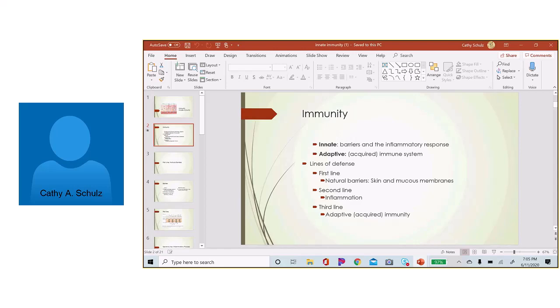The third line of defense is the acquired immune system, and that is our more strategic, more sensitive response to a particular foreign invader, particularly pathogens like bacterial and viral infections, which is what we will focus on.